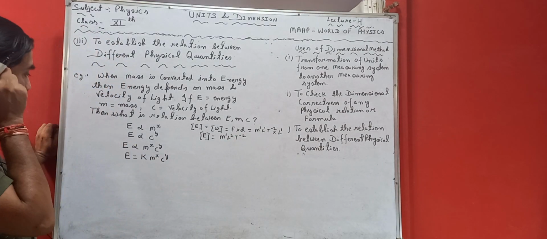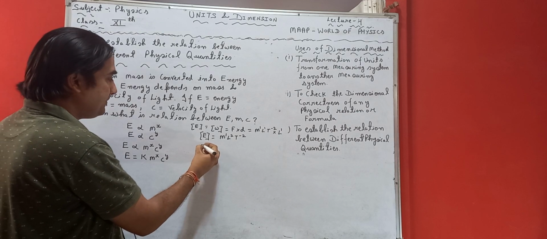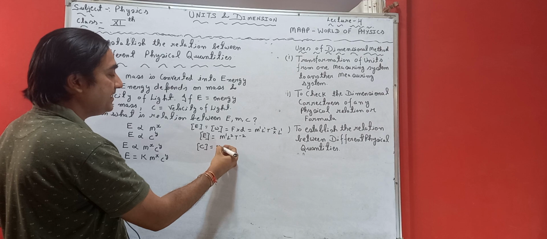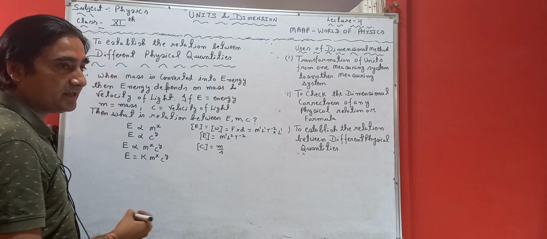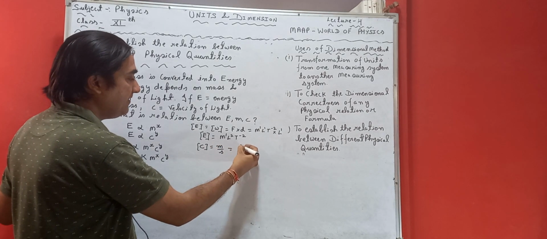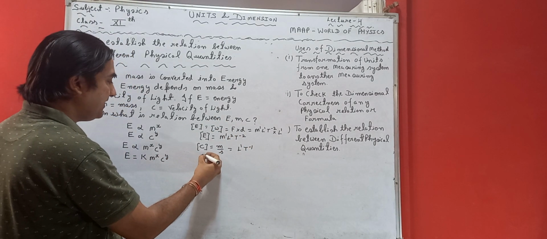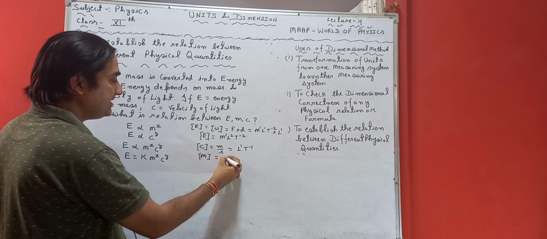And what is the speed of light? Speed of light, or velocity, can be written in meter per second, so its dimension is L^1 T^-1. And the dimension of mass, we already know, is M^1.